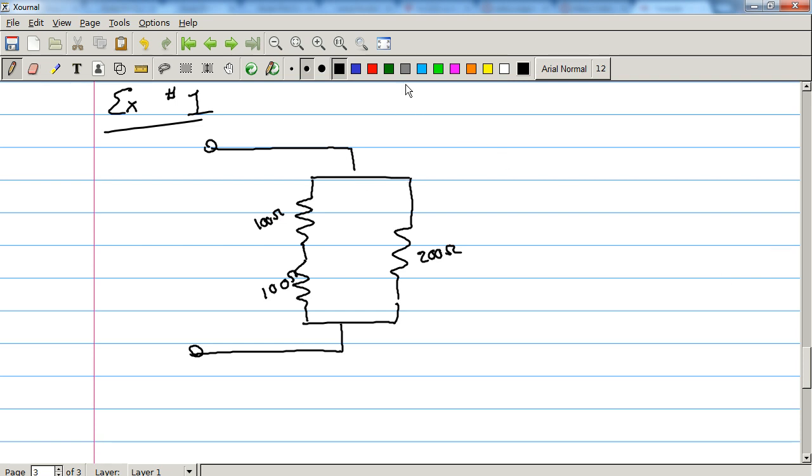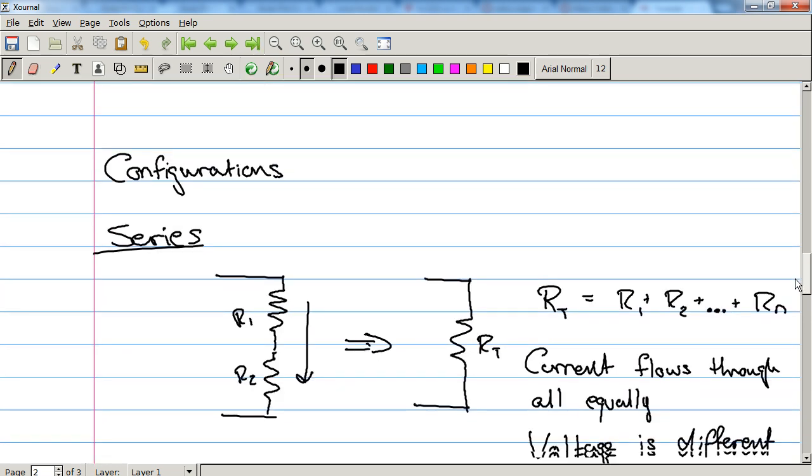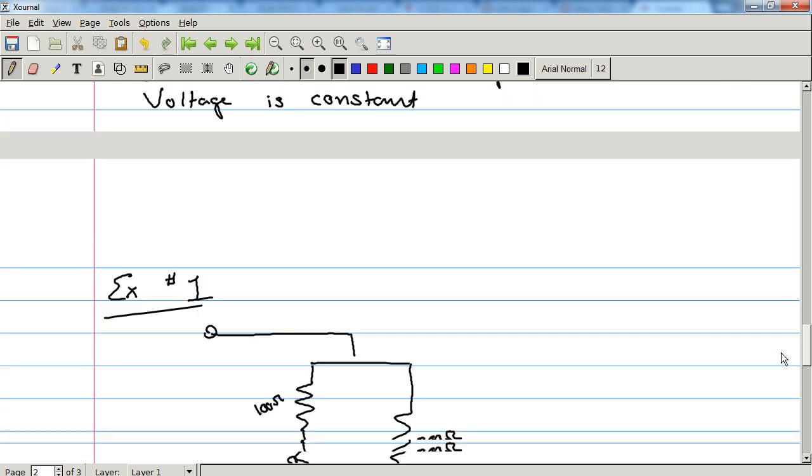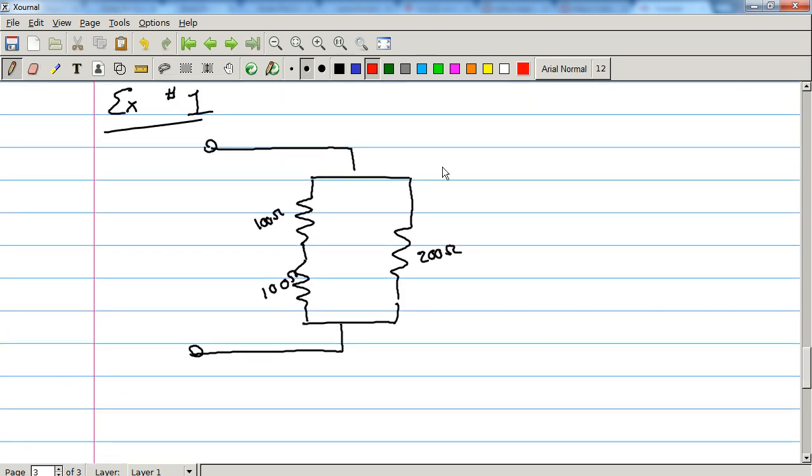Okay, how do you start? What you're going to do is look for the smallest set of network. So you're going to try and find the small set of series or the small set of parallel. So I'm going to circle and then reduce. I'm going to start with these two, which are in series, instead of trying to deal with these two in parallel with this.